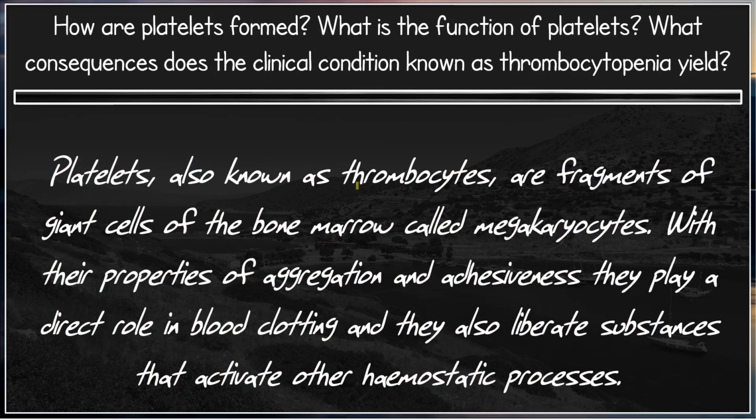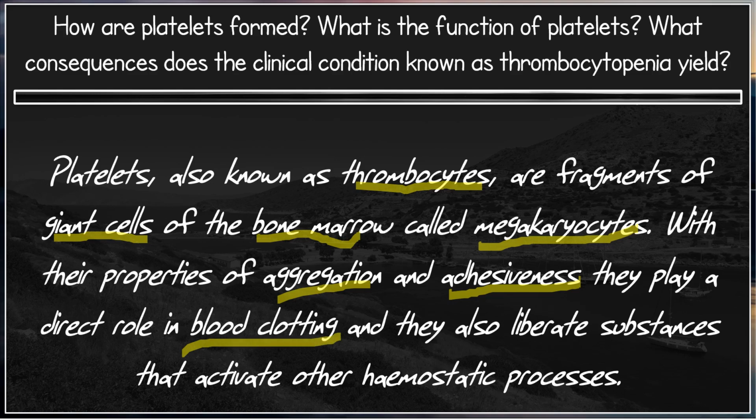Platelets, also known as thrombocytes, are fragments of giant cells of the bone marrow called megakaryocytes. With their properties of aggregation and adhesiveness, they play a direct role in blood clotting, and they also liberate substances that activate other hemostatic processes.